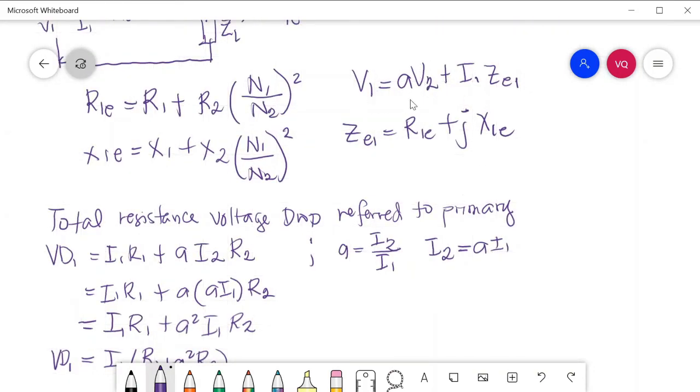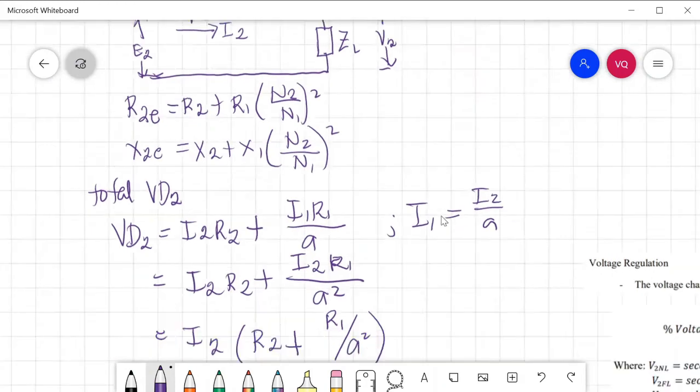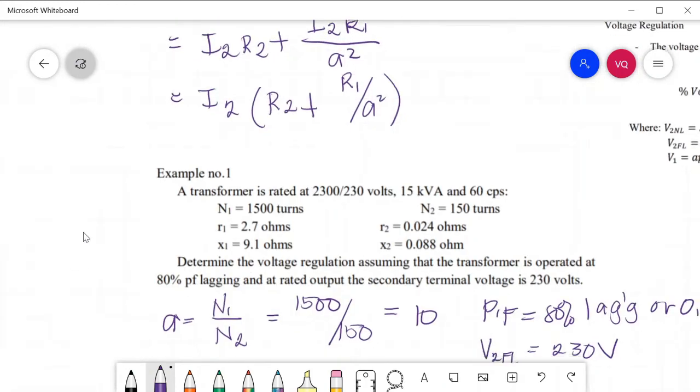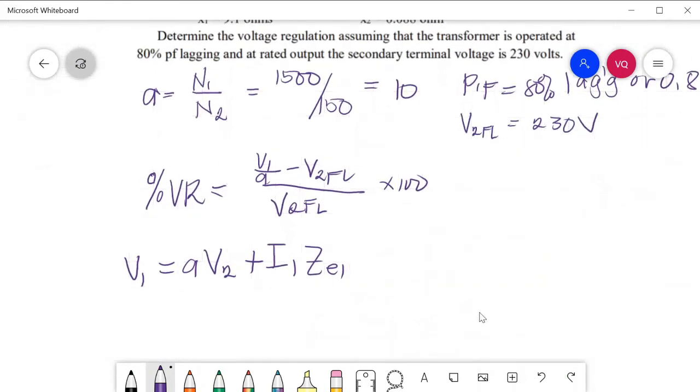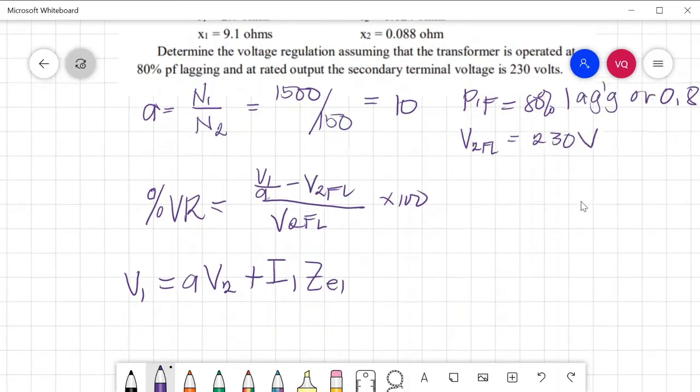So this one, V1 is equal to A V2 plus I1 Z1E. So Z1E, para makuha natin yung Z1E, kailangan natin ng R1E and X1E. Also, we can solve I1 by our apparent power S equal to EI.